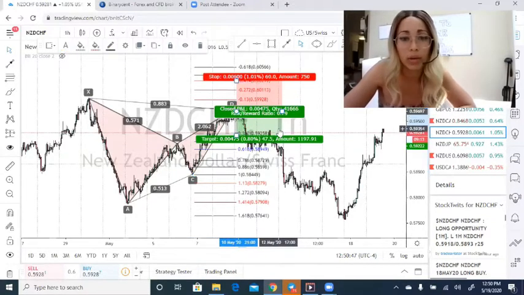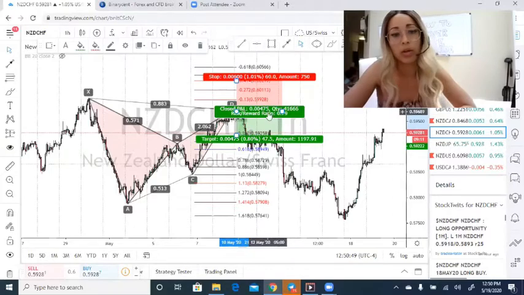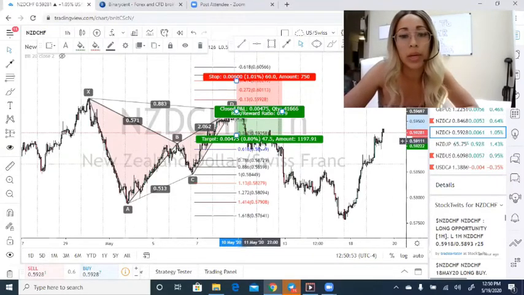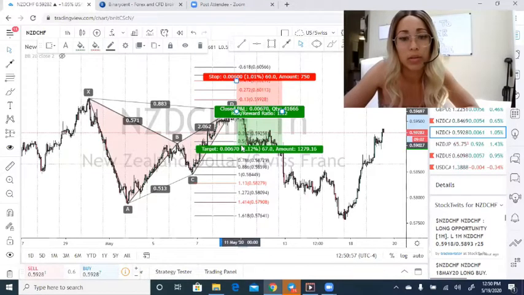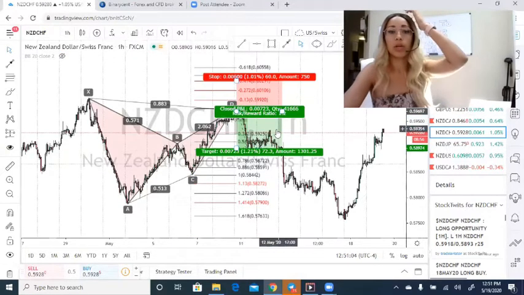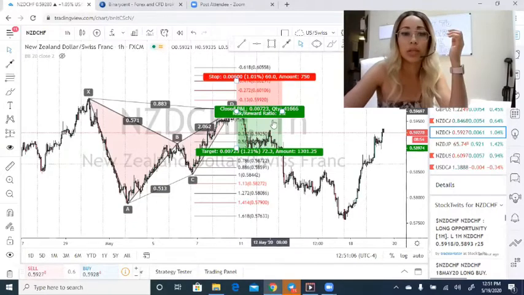So right now with this particular trade, we're looking to risk 60 pips in order to gain 47 for take profit 1, and 67, oh well, a little bit more. Looks like about just shy of 70 pips in order to get take profit 2.